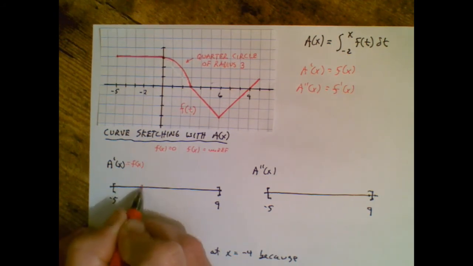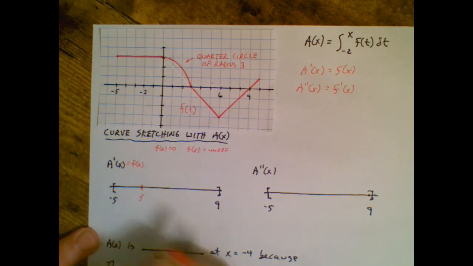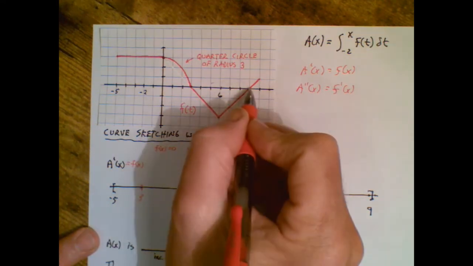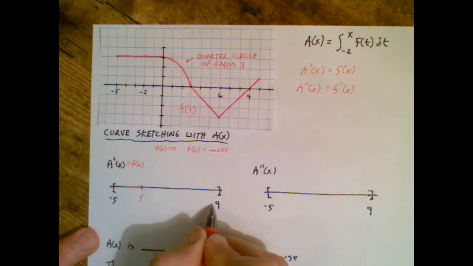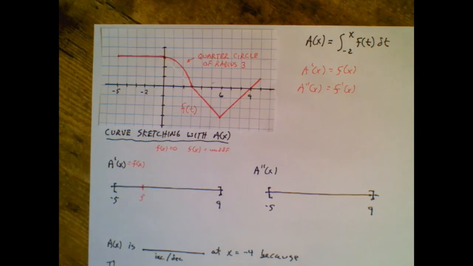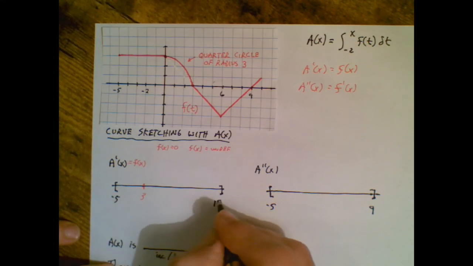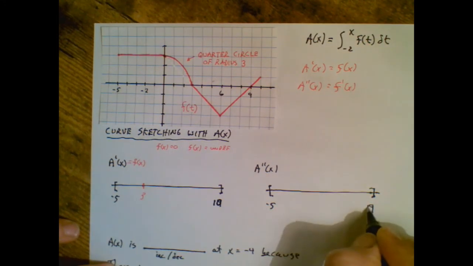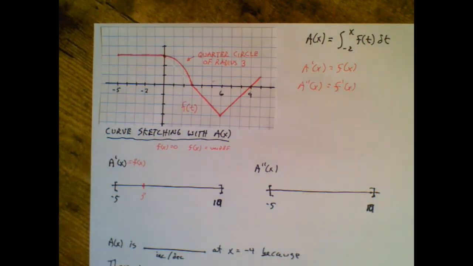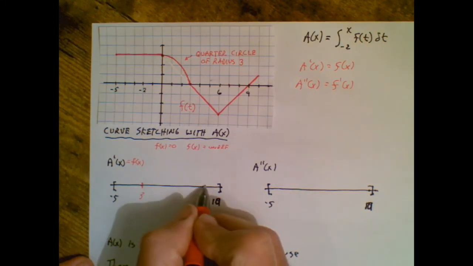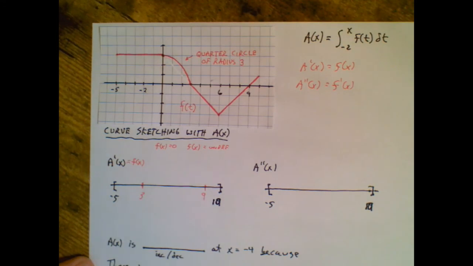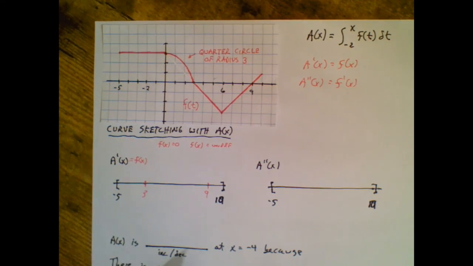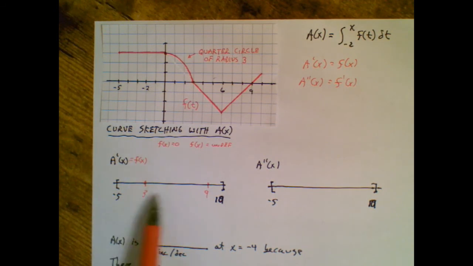This drawing might not be to scale. Oh, looks like we're going to go, let's go to 10. So I'm going to call this 10. Which means we get to put a 9 right there. Now you would do test points. The test points mean take something in between.